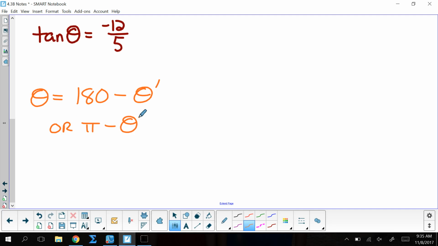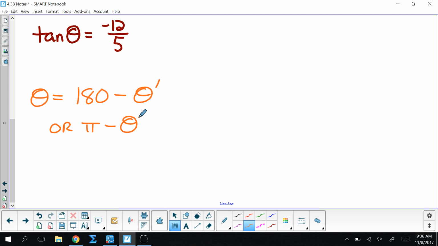Correct? In quadrant 3, theta is 180 degrees plus my reference angle, or pi plus my reference angle. In quadrant 4, it's 360 degrees minus my reference angle, or 2 pi minus my reference angle.